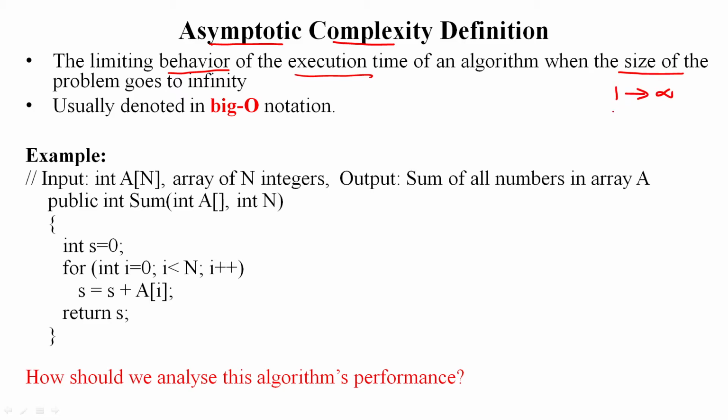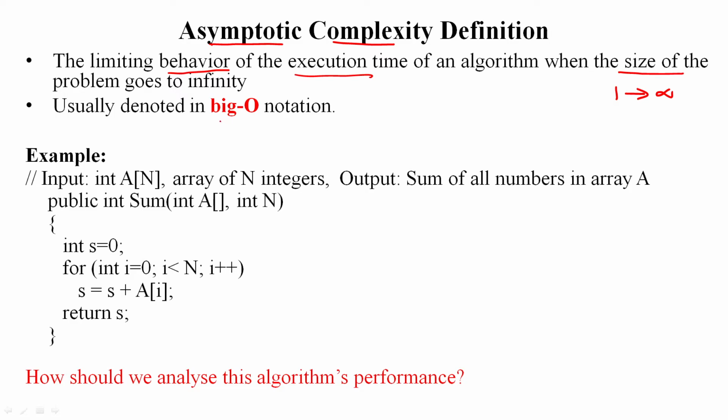When you are feeding a single input to the algorithm, what is the execution time? And when you are increasing the input size gradually toward infinity, then you will get different execution times. Based upon that, we can measure the algorithm's performance.